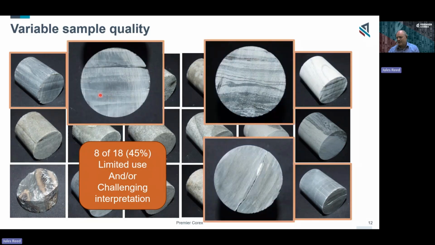As well as that, this sample here is actually fractured. You can just see it in this picture, but taking an axial photo, you can see the fracture, and it runs throughout the sample. So yes, we can get porosity, but permeability of this is going to be challenging. Again, this sample here had a slight fracture, and you can see that it's very highly laminated.